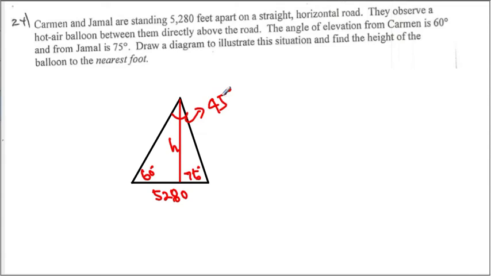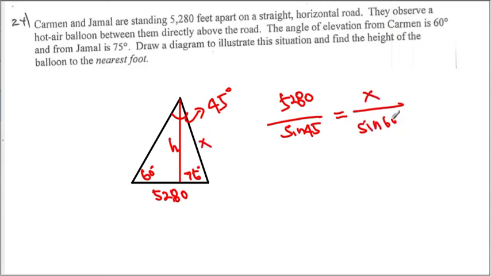Now, using the law of sines, we should be able to figure out either of these two sides. We get 5280 over sine of 45 must be equal to, let's go for maybe 60, how about that? x over sine of 60.